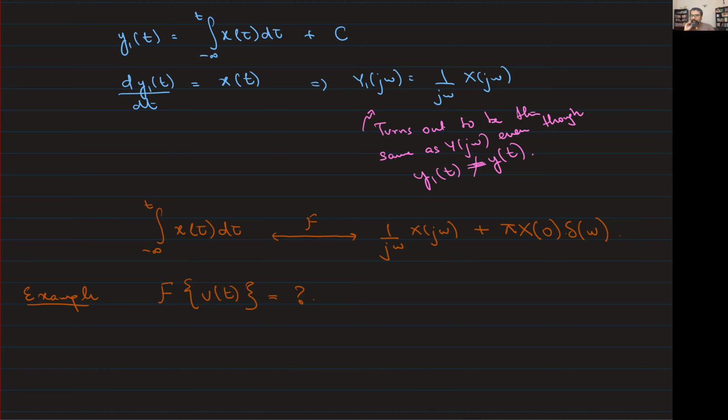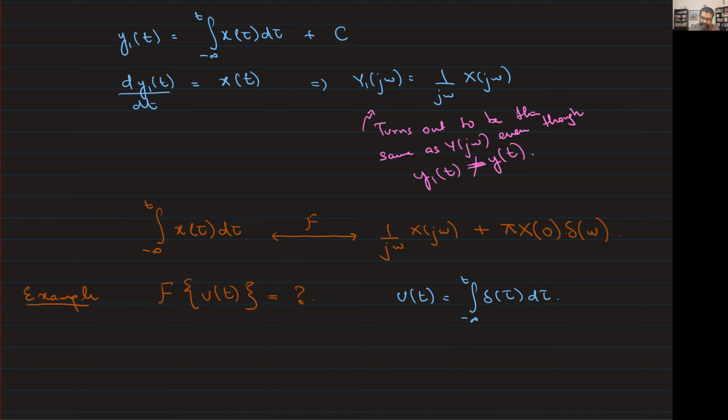What is the Fourier transform of u of t? How can I relate u of t to be an integral of something? Sir, u of t is an integral of the delta function. Excellent. So u of t is actually the integral from minus infinity to t of the delta function.